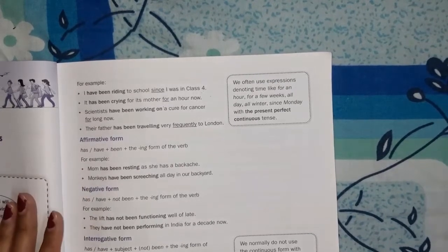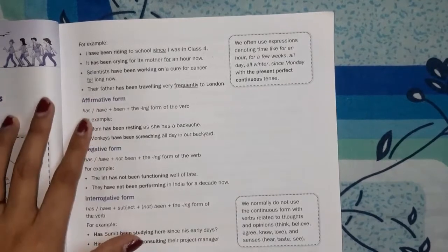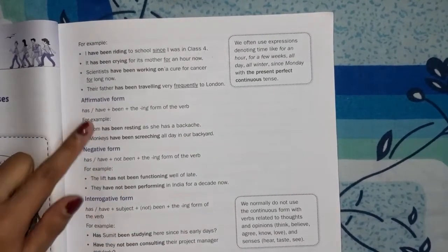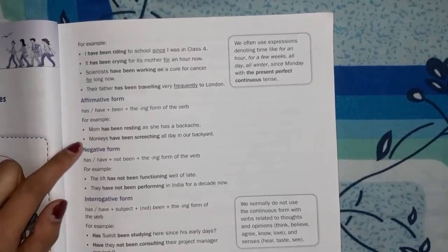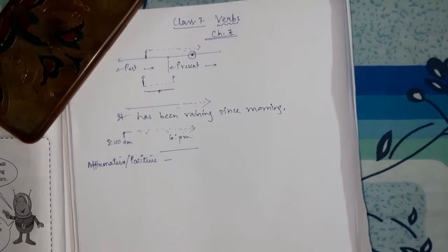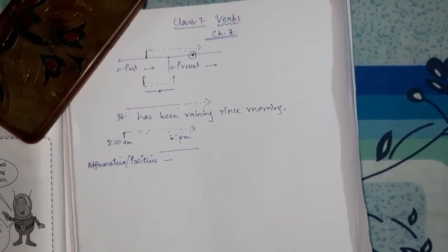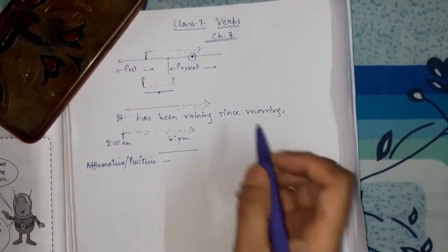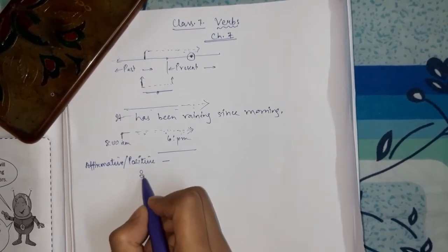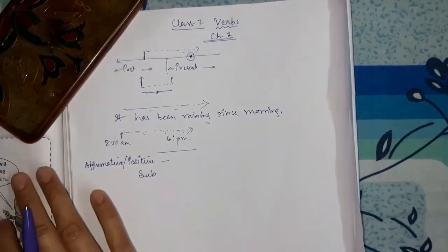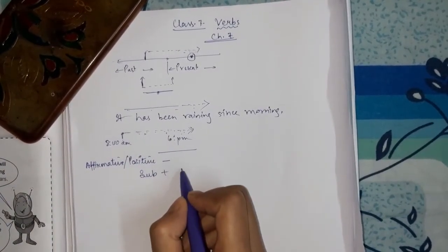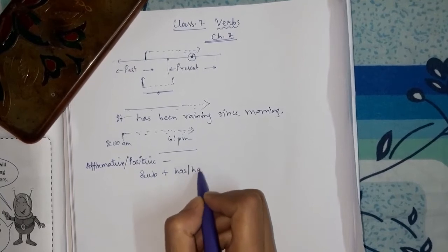Okay, now let's see how to write the three sentences, affirmative, negative and interrogative, of this present perfect continuous tense. I will show you in my own way. Affirmative, which is also known as positive sentence: what is the formula? Subject, then you have to use has or have.